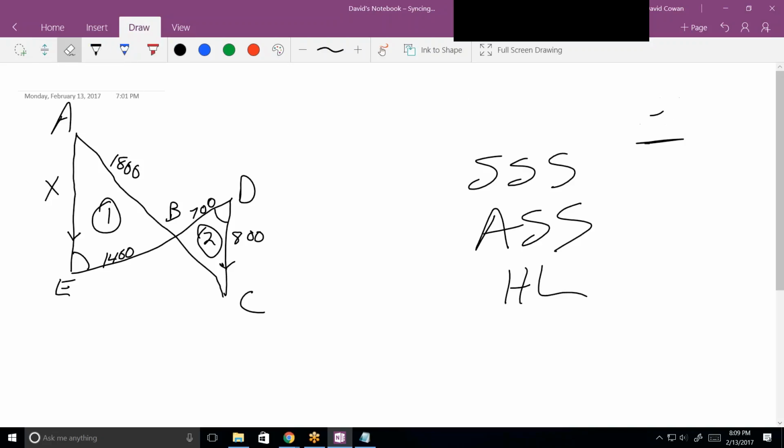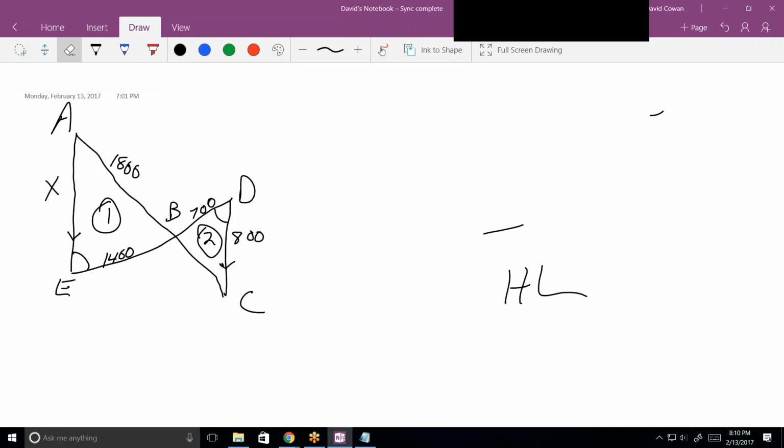Sometimes you can define an angle with 1 letter, like I said, angle E. That can only be that angle. But if you want to define this angle here, you can call that angle A and then angle C. What's angle A equal to? Angle A is equal to angle C.